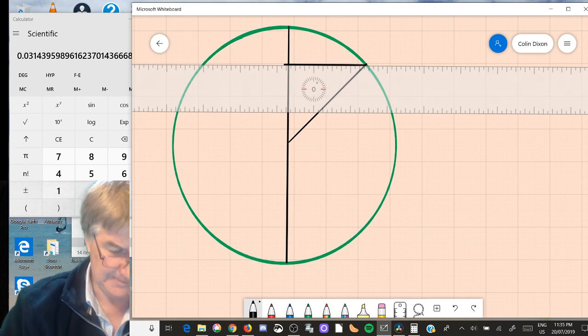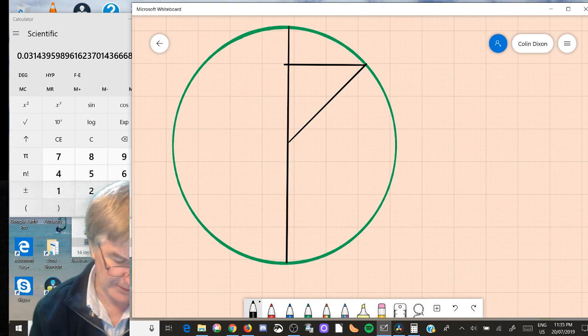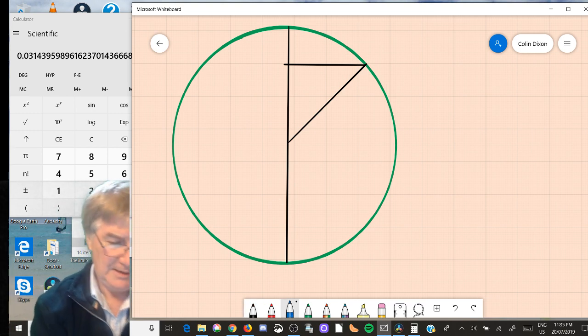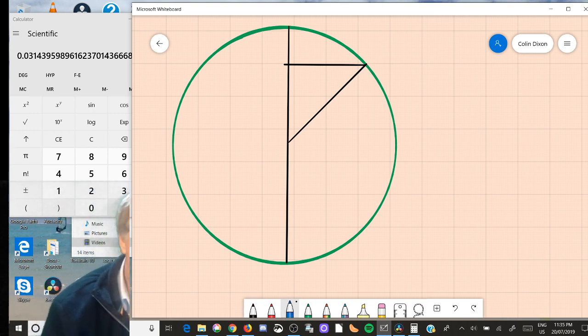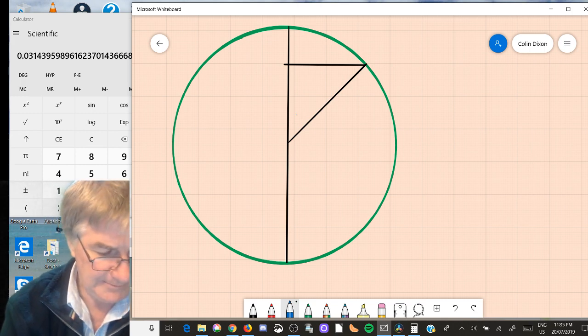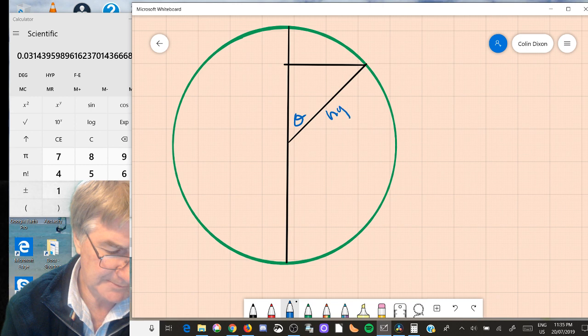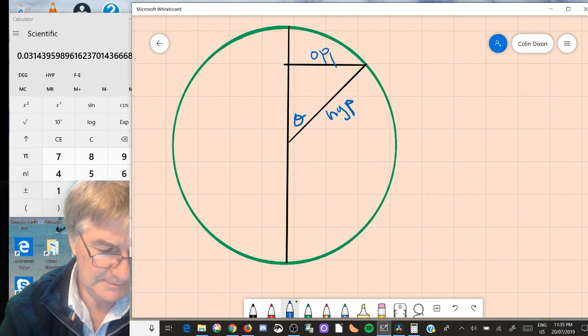Okay. So if you remember your trigonometry, if this is the angle here, theta, we call this line here the hypotenuse, this side here is the opposite, and this side here is the adjacent.